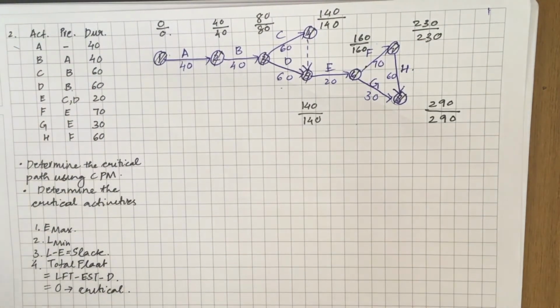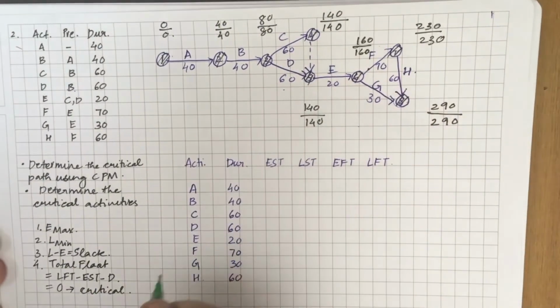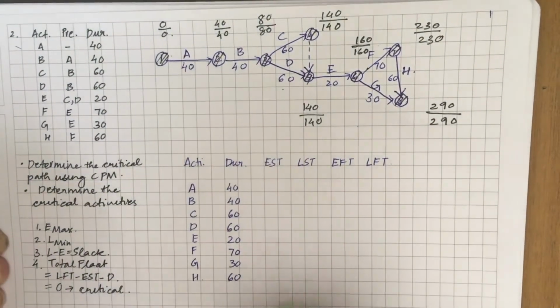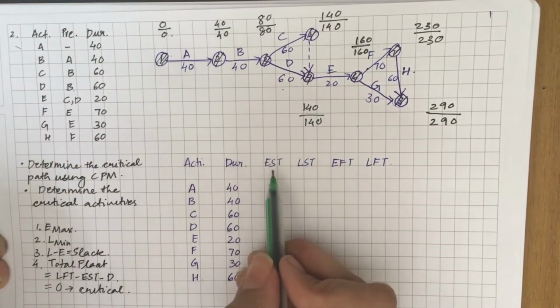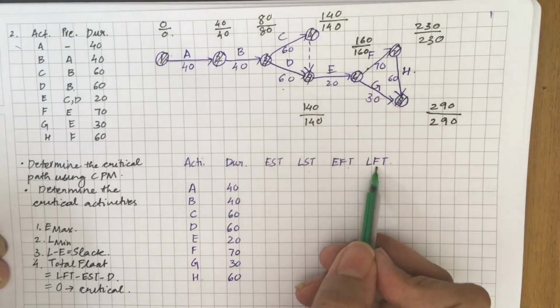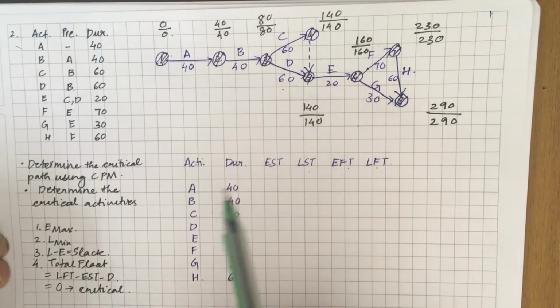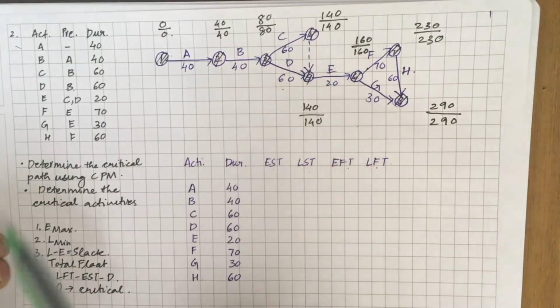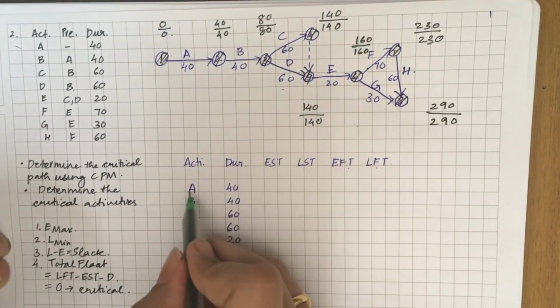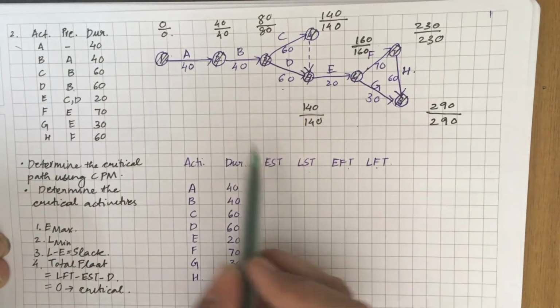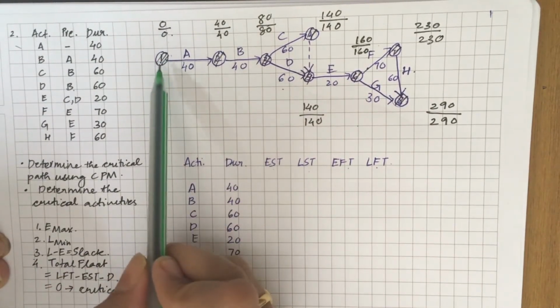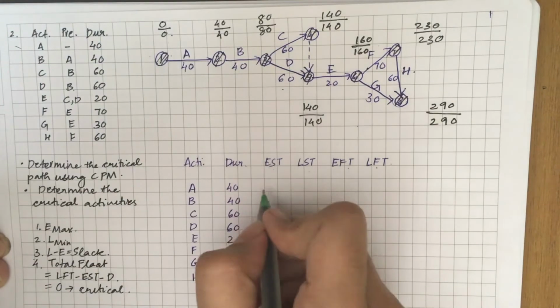For this, you need to make a table. So as we had discussed earlier, the EST, LST, EFT, LFT for each activity can be determined once the E and L for every event has been calculated. So for the first activity A, EST will be the E of the tail event, that is 0.